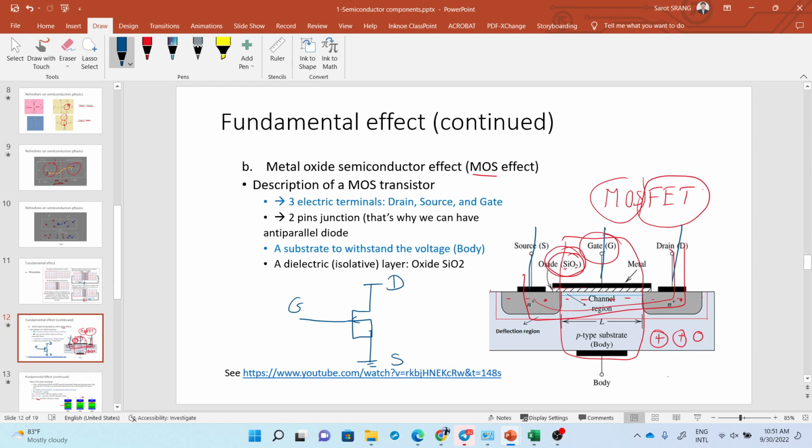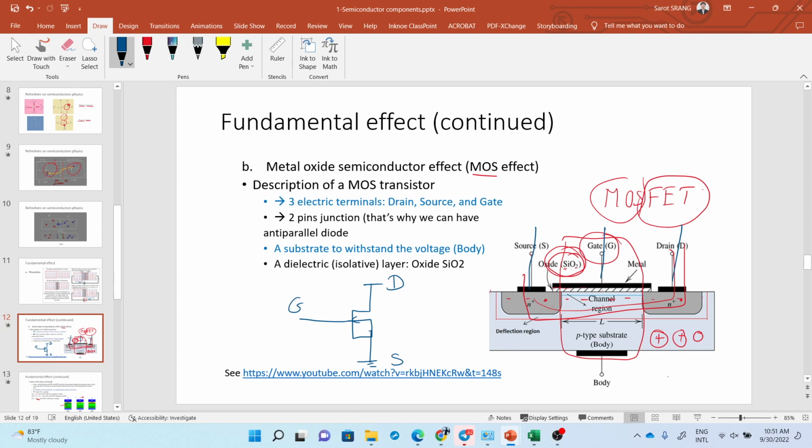Now let me recall the term ideal. When you want the MOSFET to work in the ideal case, when you want to switch on, you need to supply voltage to a certain level in order to turn it on completely.